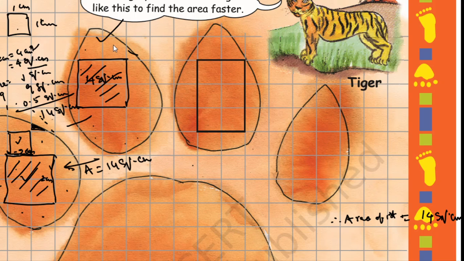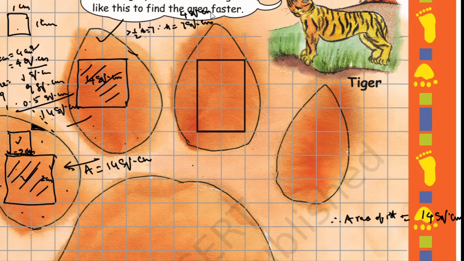And 7. How many are there? 7 greater than half. Therefore, the area of this one is 7 square centimeters. And this area is 4 square centimeters.